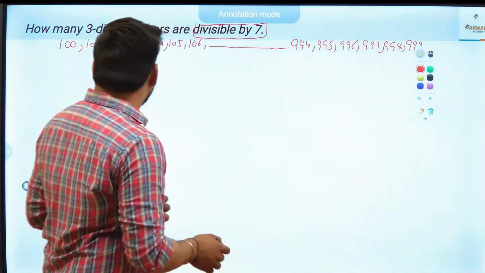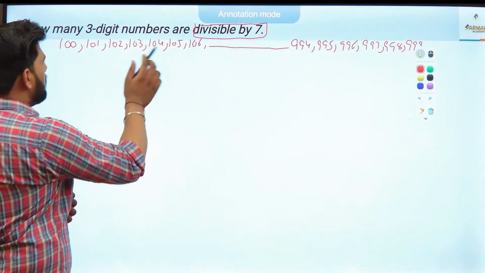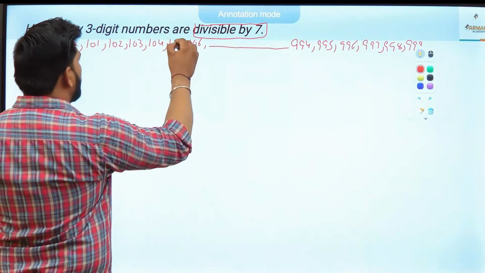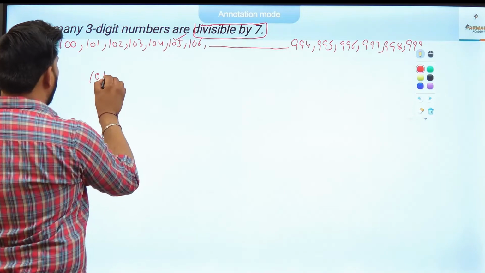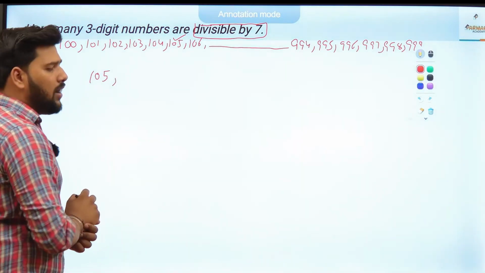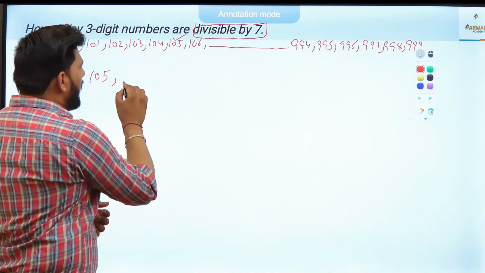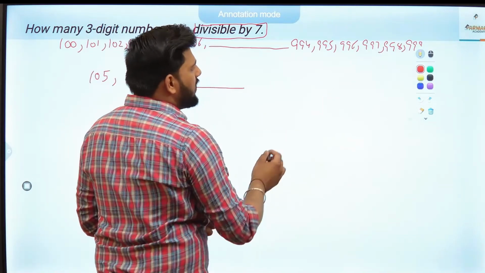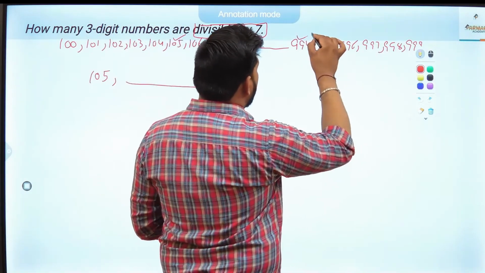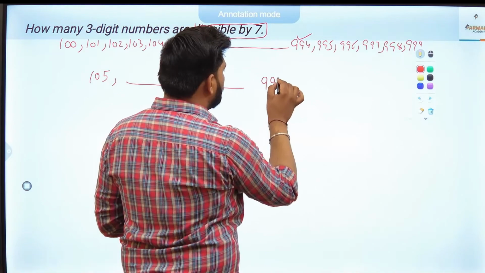सो क्लियरली द फर्स्ट 3 डिजिट नंबर दैट इज डिविजिबल बाय 7 इज 105. सो आवर एपी सीक्वेंस स्टार्ट्स फ्रॉम 105 and the last term divisible by 7 is 994.